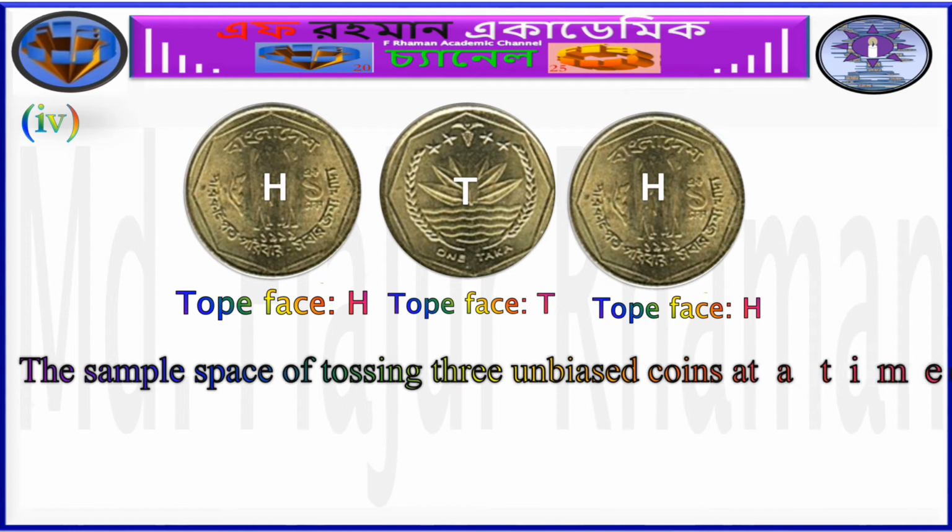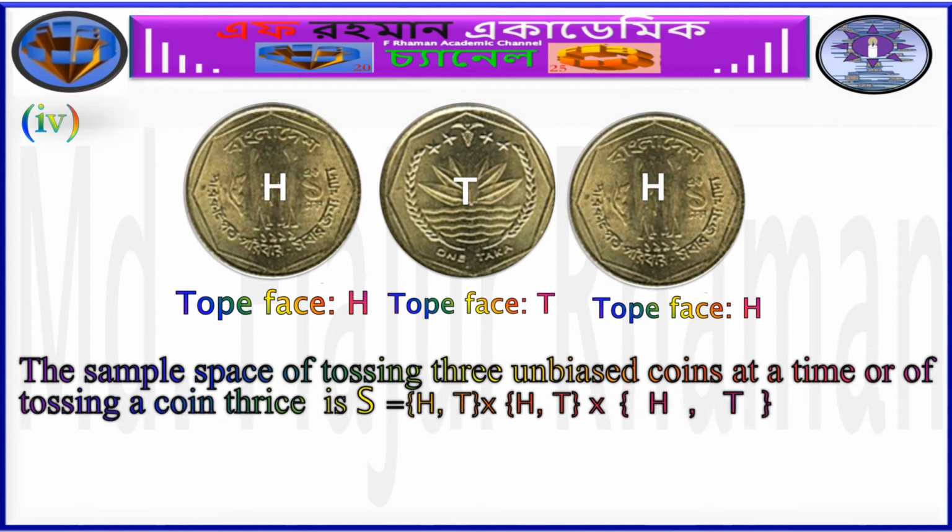Example 4. The sample space of tossing 3 unbiased coins at a time, or of tossing a coin thrice, is S equals {H, T} cross {H, T} cross {H, T}.